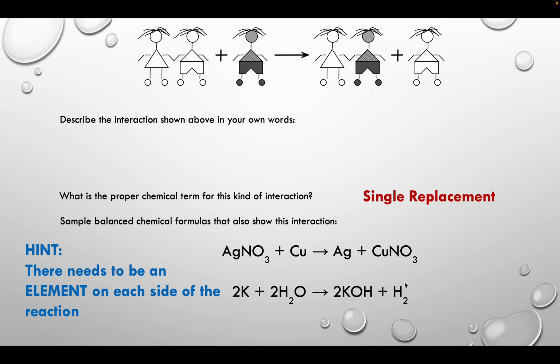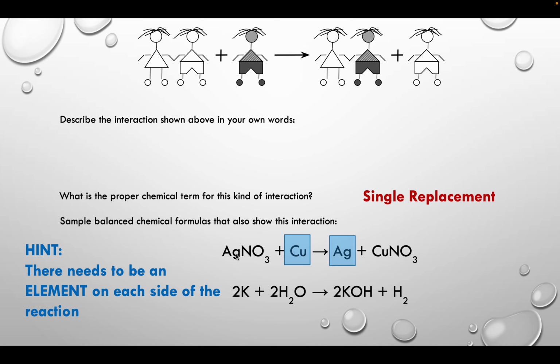So we're going to need another hint. When you're looking for hints, when you're trying to figure out what kind of a reaction this is, you want to look for an element. So in the first reaction, we've got an element, Cu. It's got a capital letter all by itself, right? Capital, lowercase. Where over here, AgNO3, there are three capital letters.